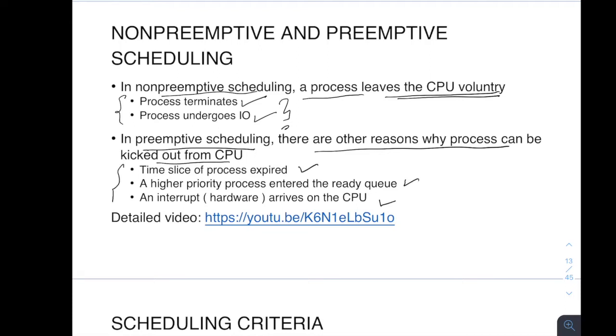In these cases, the kernel or the scheduler can kick out the running process and schedule some other process. So the kernel can interrupt this process in the middle. In non-preemptive, that will not happen. A process will not be kicked out. It will voluntarily go off from the CPU, using only these two conditions.